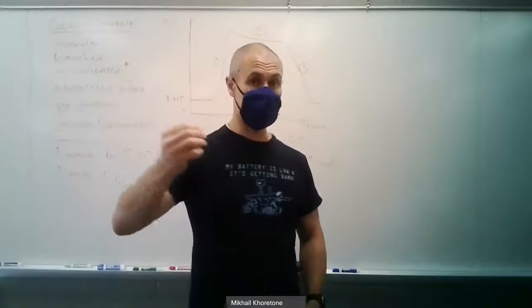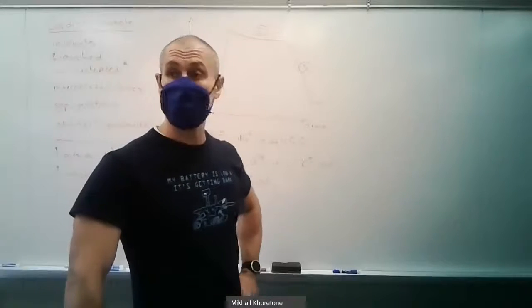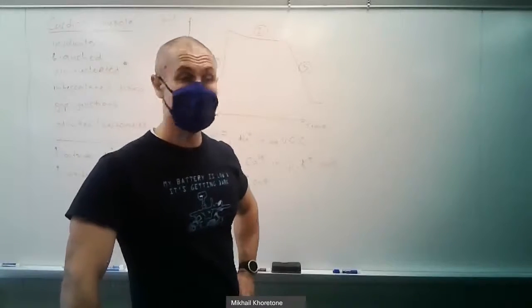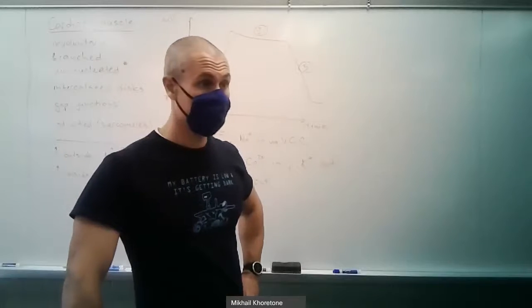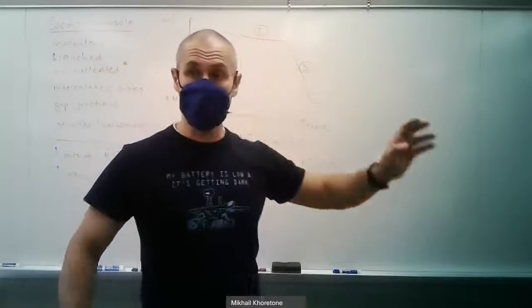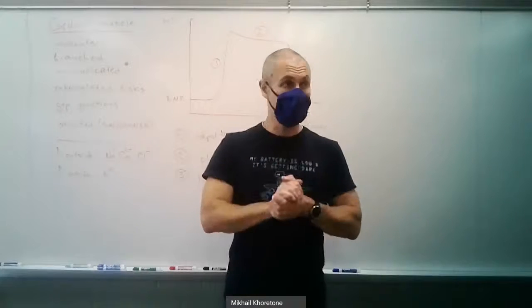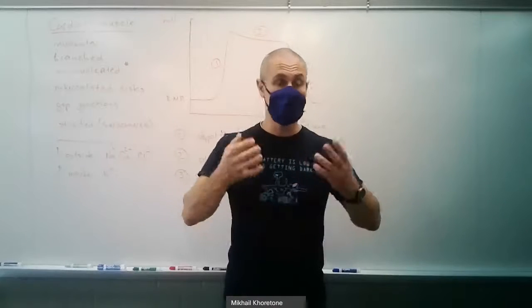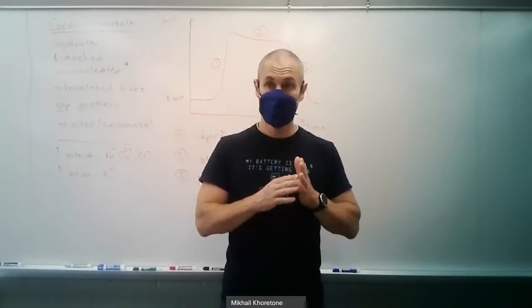It's not a sustained contraction. In the case of the cardiomyocyte, it is a sustained contraction. Does that make sense to you? So this plateau ensures that the cardiac muscle cell stays contracted for an extended period of time, allowing it to squeeze the blood out. Are we good? Right?